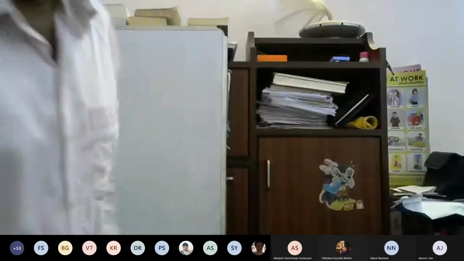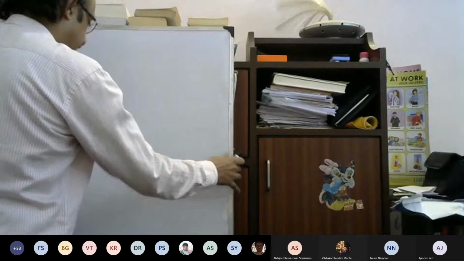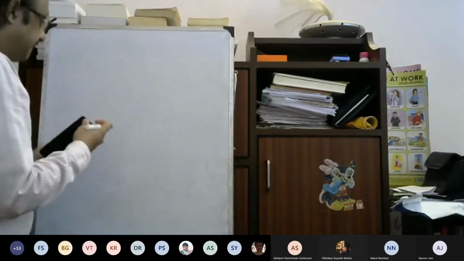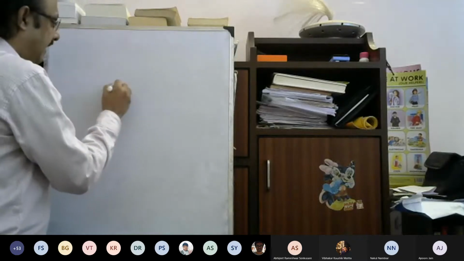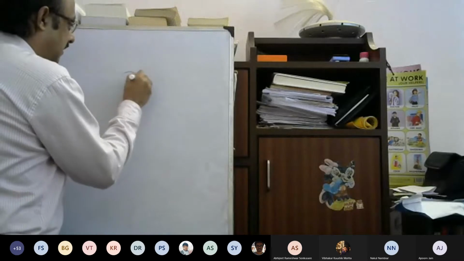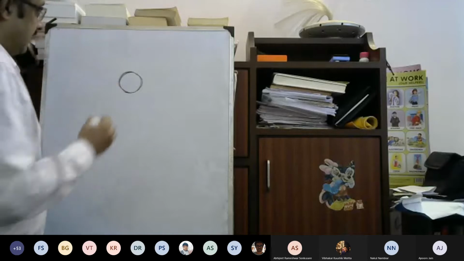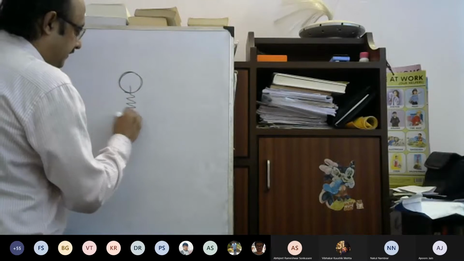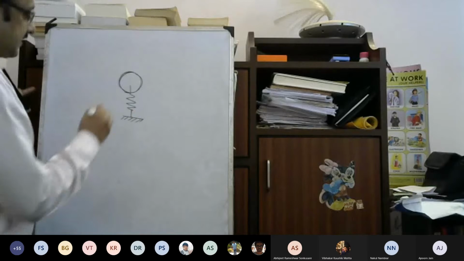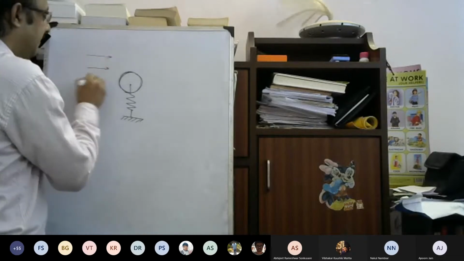There is another kind of excitation which I need not explain to you in detail, but I'll just tell you that suppose I have a spring and a mass, and this mass is actually moving in air.